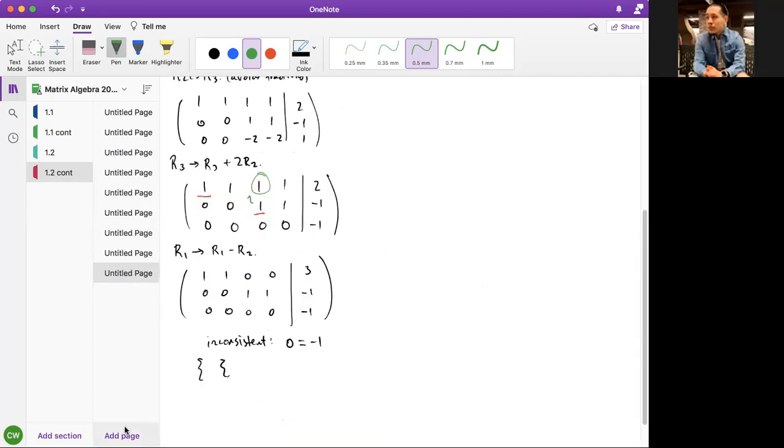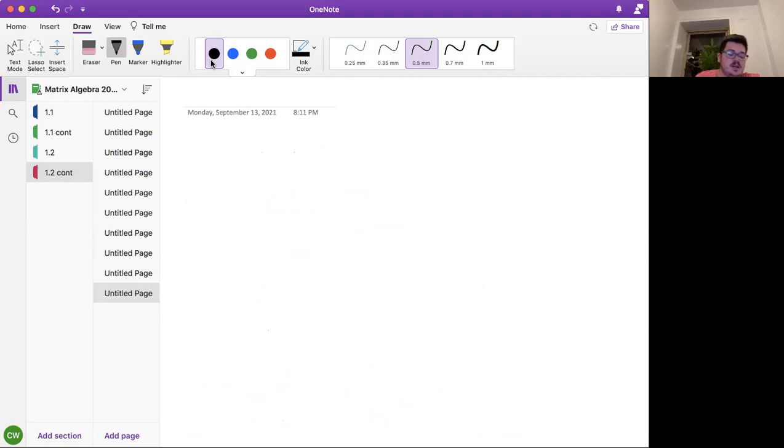All right, let's do another example, which hopefully is a good one. So let's do x plus y plus z plus w is equal to 1. Negative x minus y minus z plus w is equal to 1.